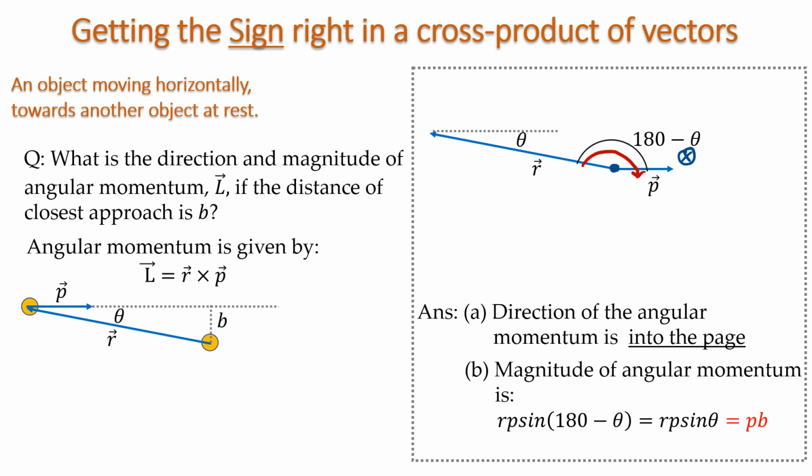Sine of 180 minus theta is sine theta, and r sine theta is b. So we get a final value of angular momentum as p times distance of closest approach, and this is a very cute answer.